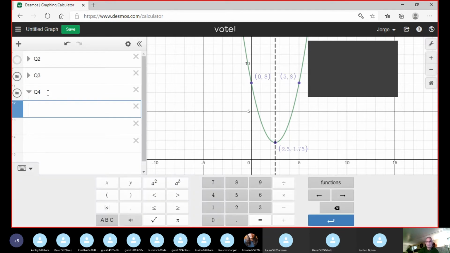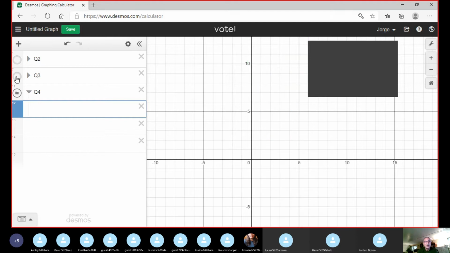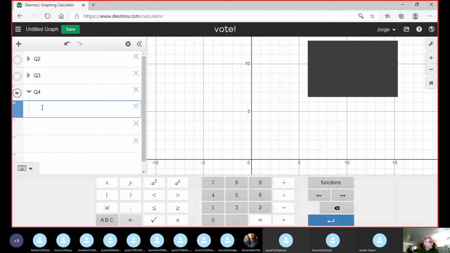I focus on question 4, and question 4 is y equal to minus (x plus 3) squared plus 5.